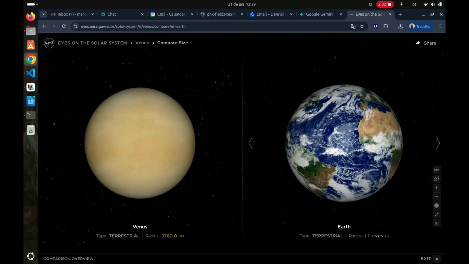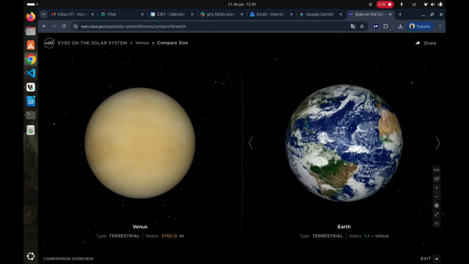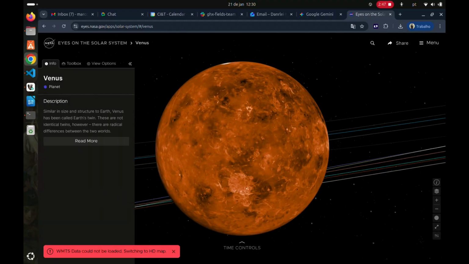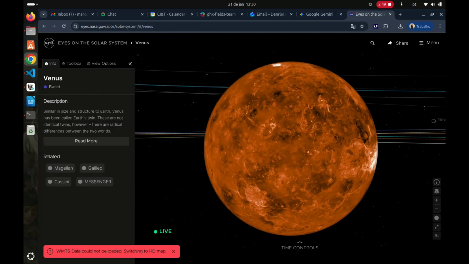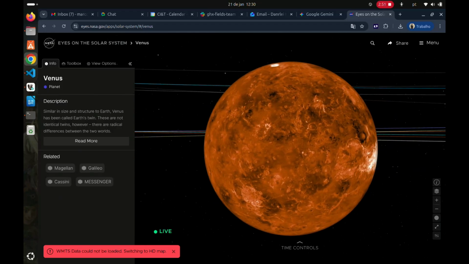So it's almost like the same size. So we can use some physics constants as well as in the Earth, using here in Venus to make our calculus. Let's go back. And now we're gonna do it in the telescope mode.